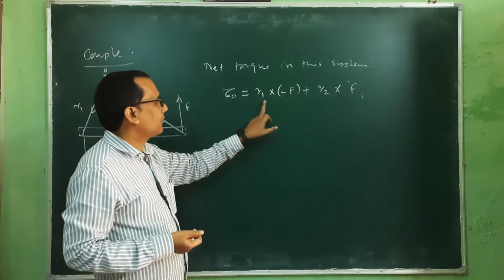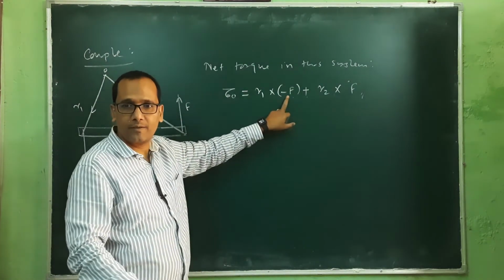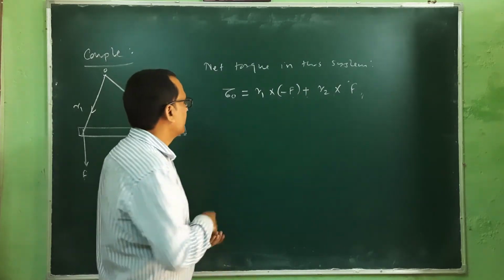So this is R1 cross minus F y, because this is in the minus y direction, and this is plus y.